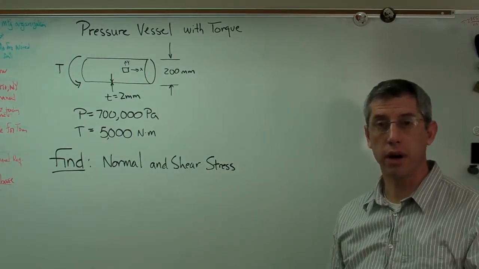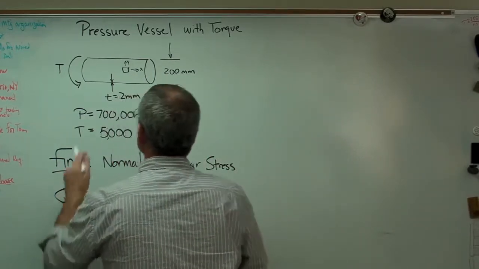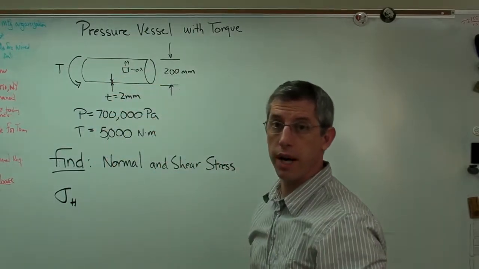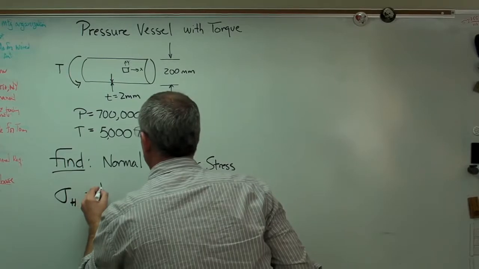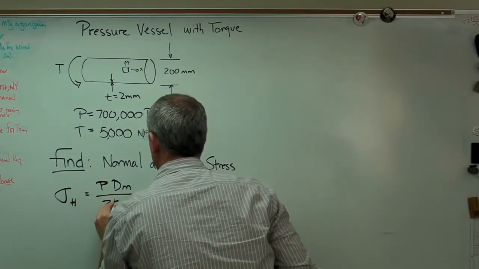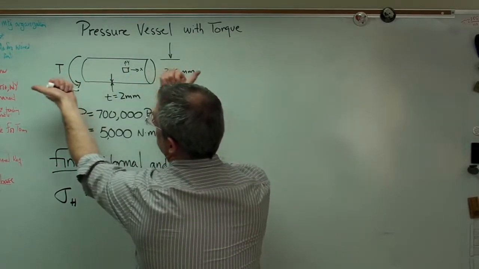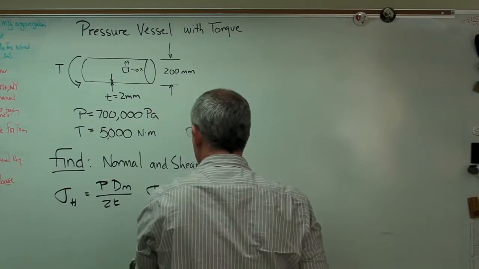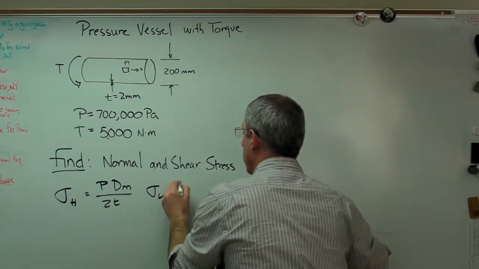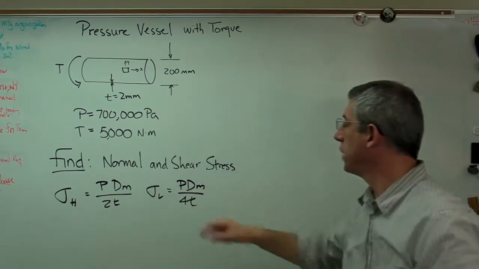First, let's write down the governing equations. Those are pretty simple. The hoop stress, that is the stress that makes the pressure vessel want to grow in diameter, is pressure times the mean diameter, the average diameter, over twice the thickness. The longitudinal stress, that is the stress that's trying to make the pressure vessel grow that way, is half the hoop stress, or that, over 4t.